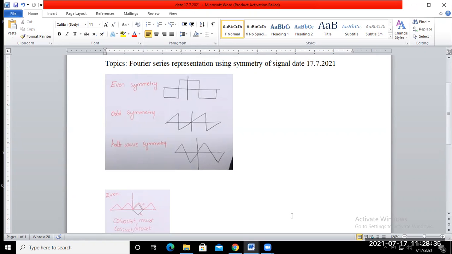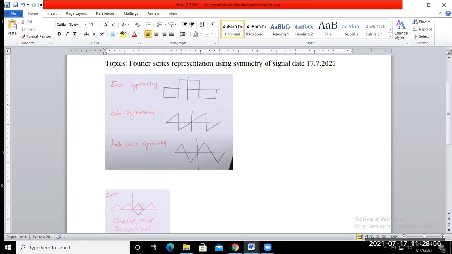That means in trigonometric form, we already discussed the Fourier series representation in the previous class: a0 plus summation of n equal to 1 to infinity of an cos n omega naught t plus bn sin n omega naught t.